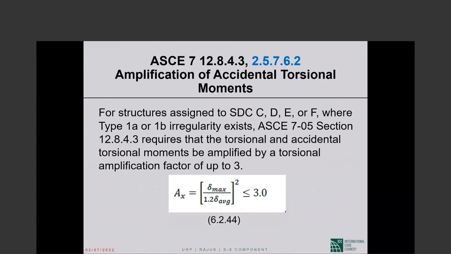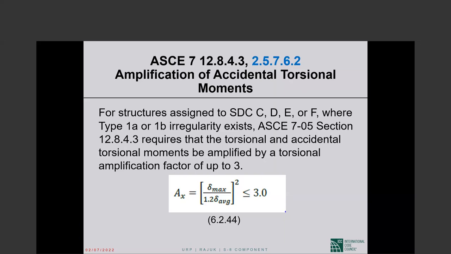Not only that, the accidental torsion many times has to be amplified. For structures assigned to seismic design category C, D, E, or F where type 1A or 1B irregularity exists, that's torsional and extreme torsional, ASCE 7-05 section such and such requires that the torsional and accidental torsional moments be amplified by a torsional amplification factor that can be up to 3.